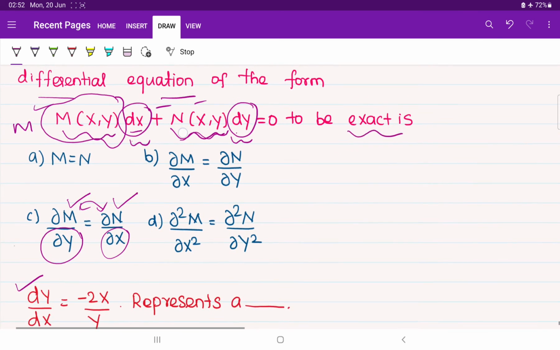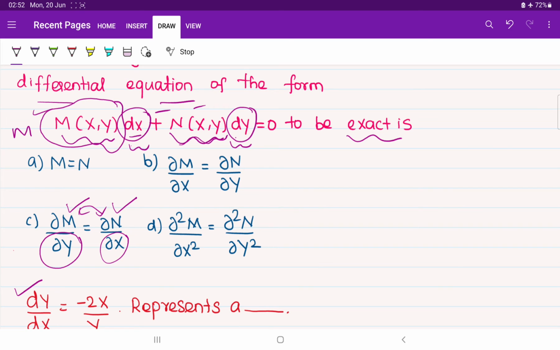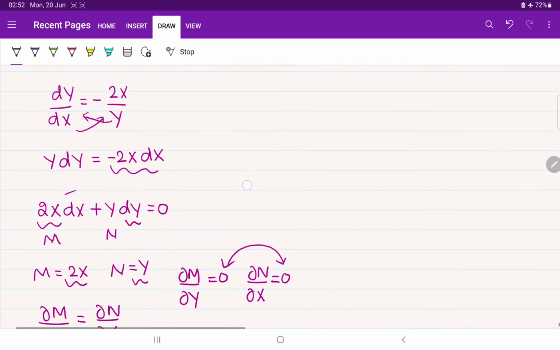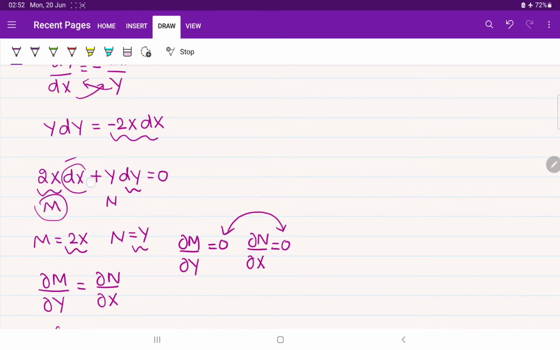So what you have to understand is, step number 1: you observe that the given equation can't be solved with the linear Leibniz model and variable separable method. Then you check whether the equation can be written in the format m dx plus n dy. Whatever function is in front of dy is treated as n, and whatever is in front of dx is treated as m.